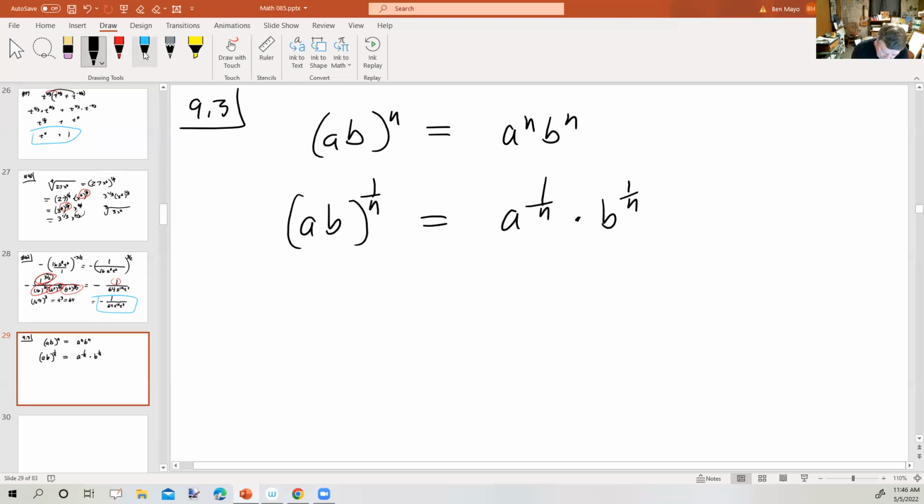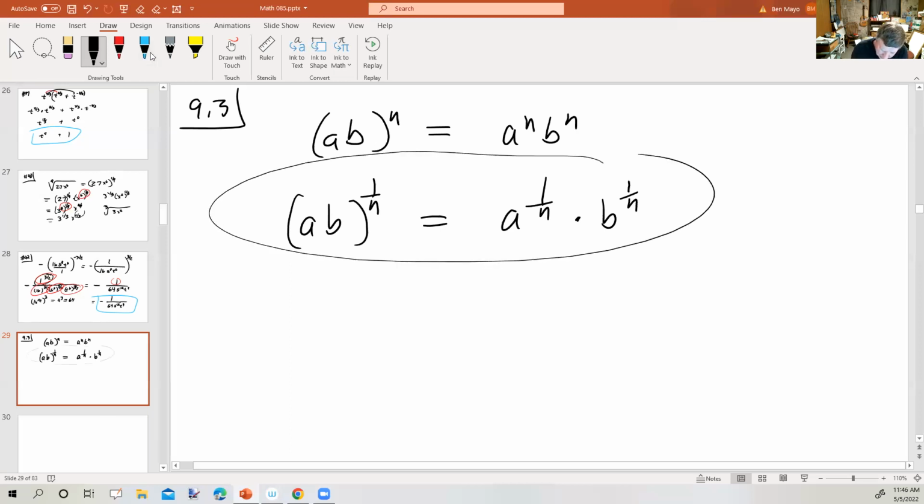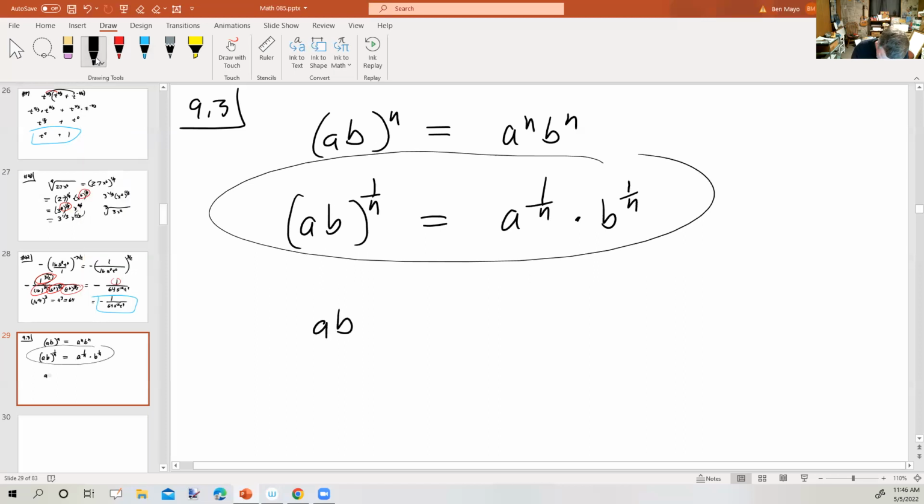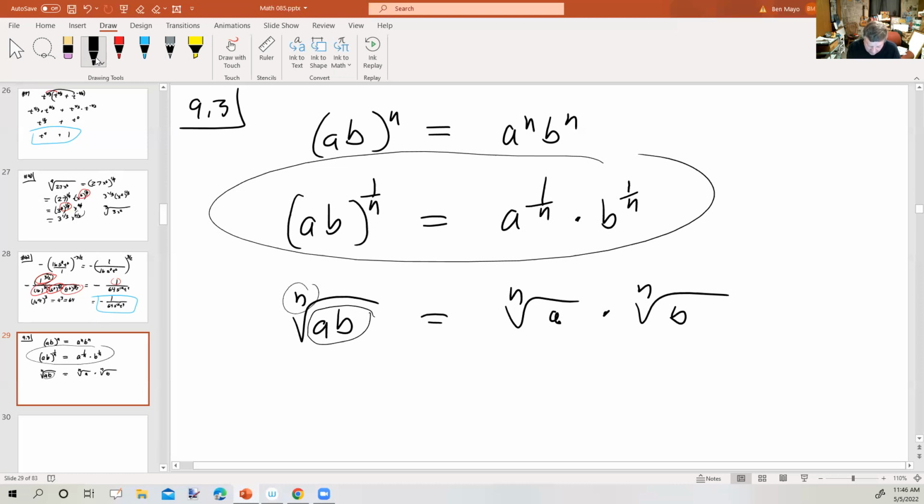Well, let's translate this situation into radical notation. That would be the nth root of A times B equals the nth root of A times the nth root of B. So what that is saying is, if we have a product radicand, we can pull apart the separate factors and each one of them will have the same index as the original.